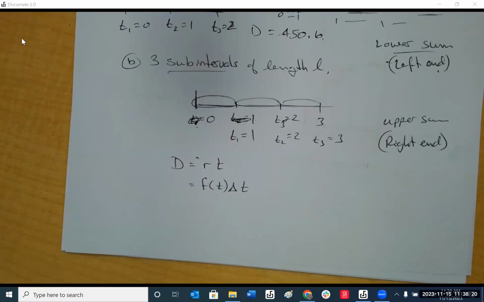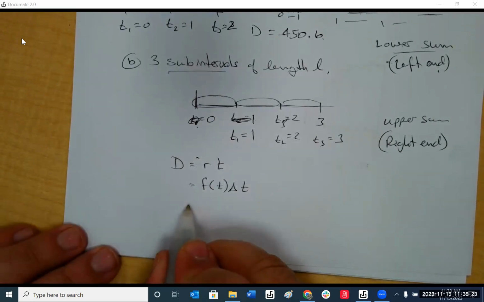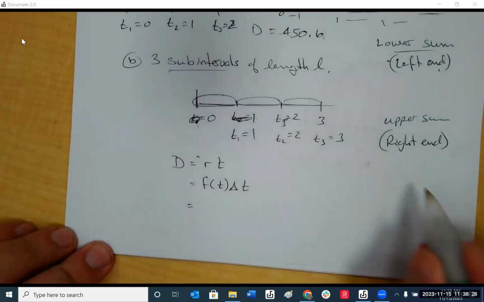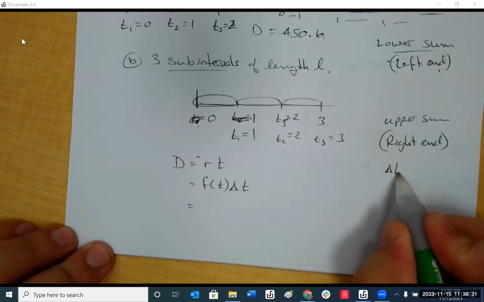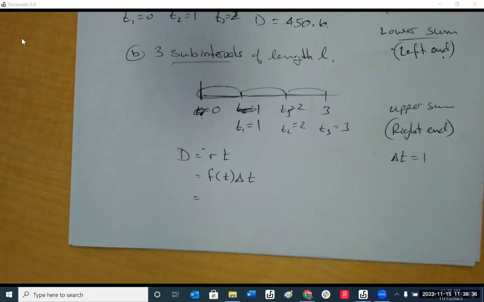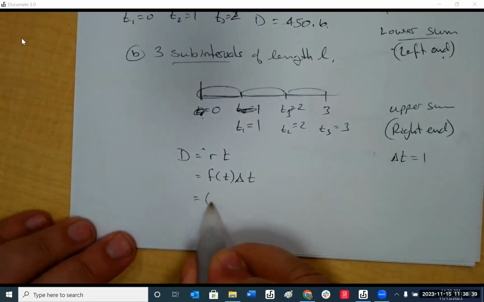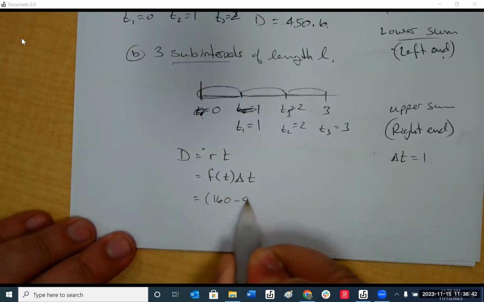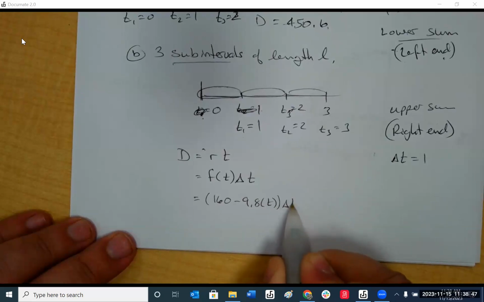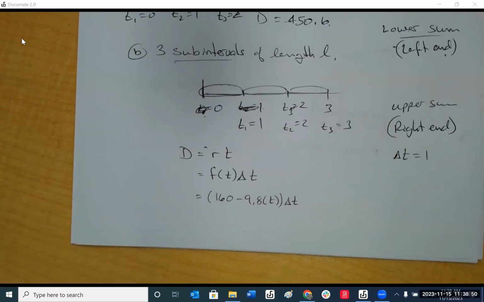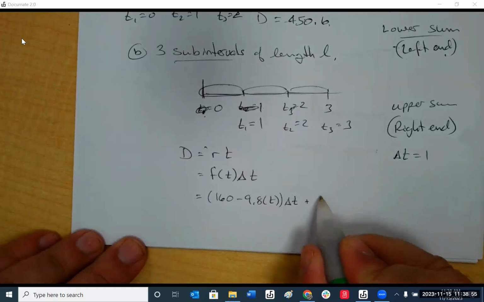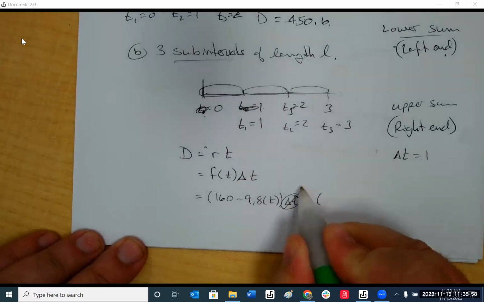Now, how is this going to change our values? Delta T is still 1, because it's the difference of each interval. F of T is still 160 minus 9.8 T, times delta T, and delta T is 1.